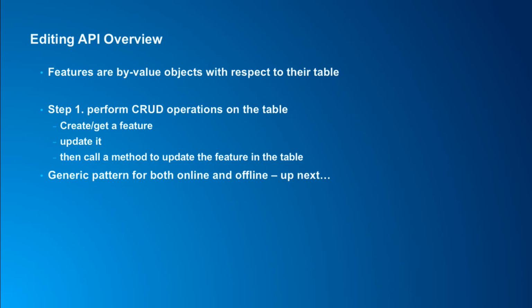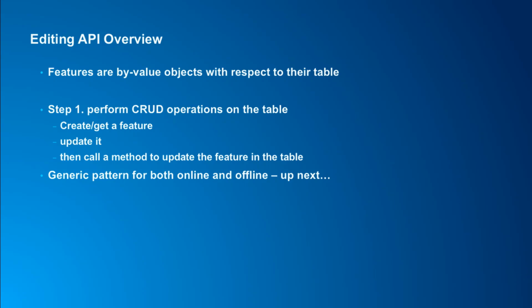So in terms of an API, very much overview of what you do, there's two steps to editing data with ArcGIS Runtime, especially ArcGIS data. In general, features are not by reference. So in some of the other API overview, we kind of talked about how with version 100 of Runtime, we're really trying to move to by reference semantics for everything, layers and renderers and maps.